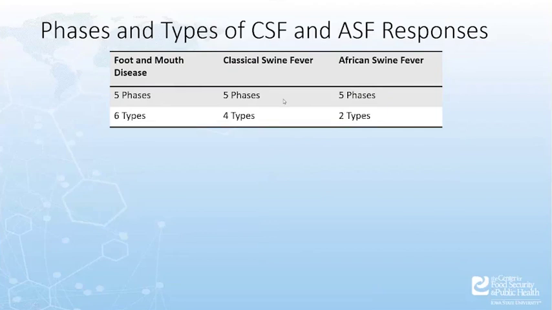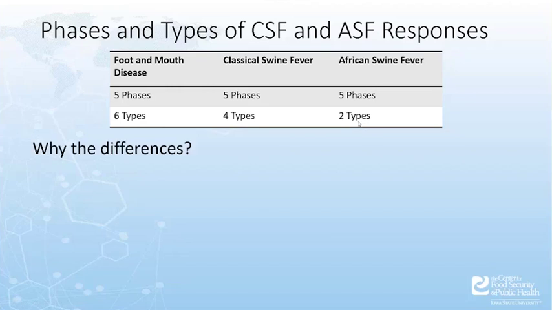The phase is the temporal situation of where we are in the outbreak, and I'll go through those in a little bit. The types are the magnitude of the outbreak and how the response might change. For FMD, I just showed you quickly the 6 types. For classical swine fever, there are 4 types. And for African swine fever, only 2 types of outbreaks in this document.